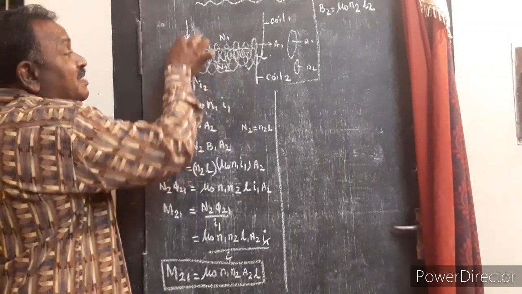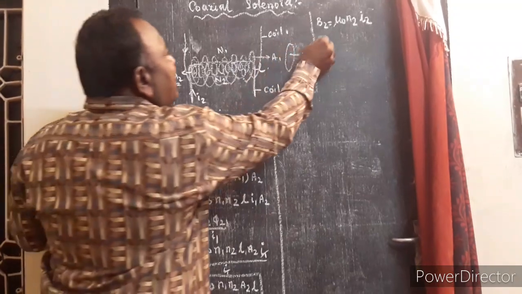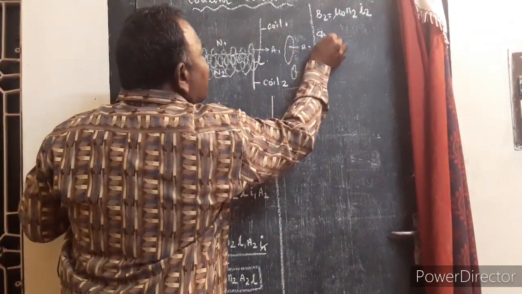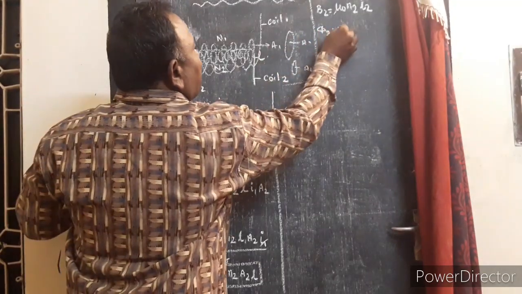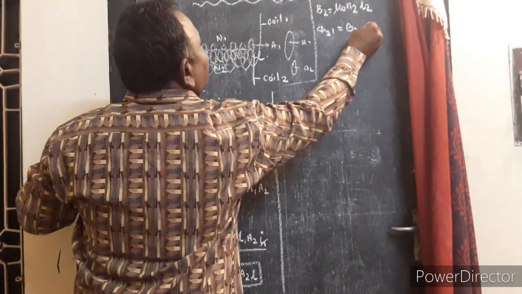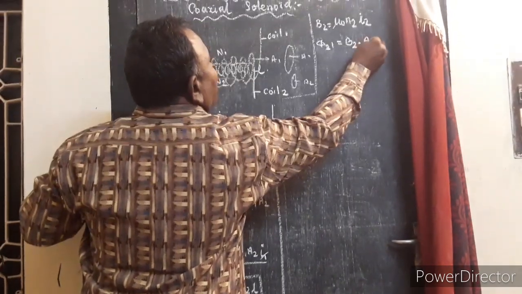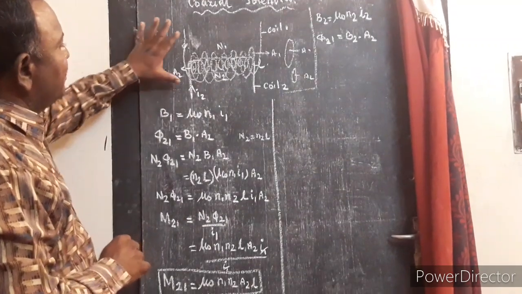So the area to consider is only A2. The flux linked with every turn of the larger solenoid is given by B2 dot A2. Correct?